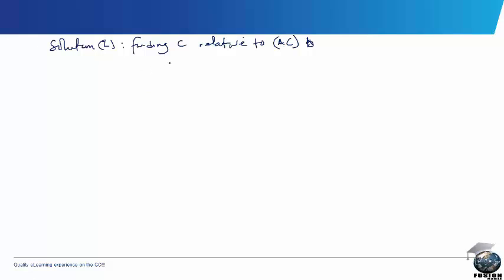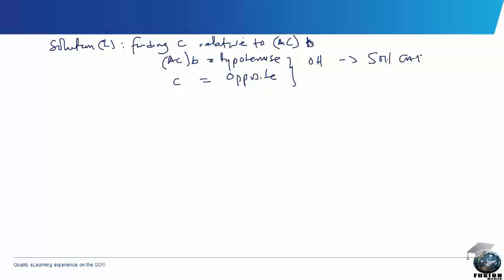We should note that AC, which is B, is a hypotenuse side, and that C is an opposite side. Combining the two of them, we have opposite and hypotenuse, and relating them to our SOHCAHTOA, the only one that works out is the SO, because that's the only place you have opposite and hypotenuse.